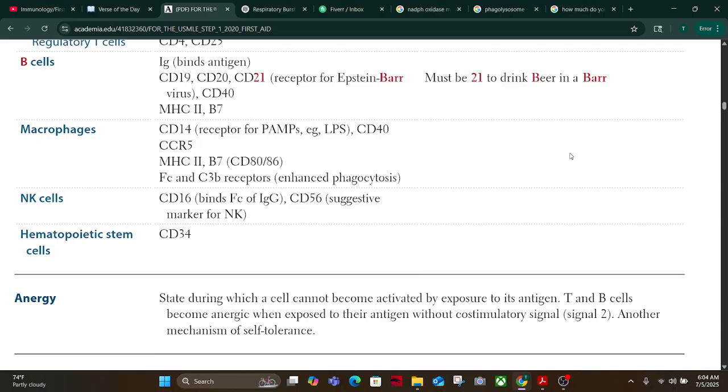They can't become activated, even if they are exposed to a bacteria. They need both signals to work. This is another example of self-tolerance. Self-tolerance is the ability to recognize your own cells and not attack them.